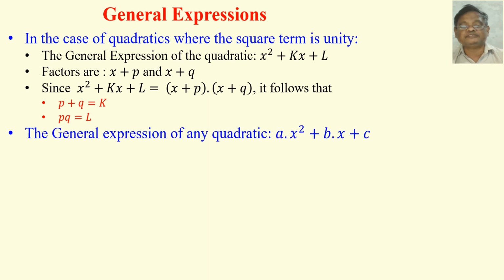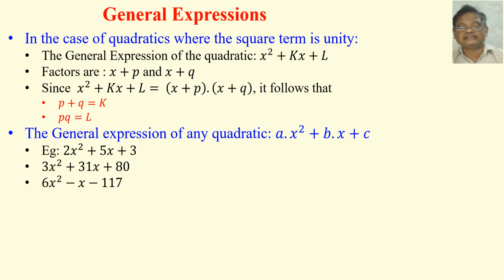The general expression of any quadratic is ax squared plus bx plus c, where a, b, c are constants. Example: 2x squared plus 5x plus 3, 3x squared plus 31x plus 80, 6x squared minus x minus 170.